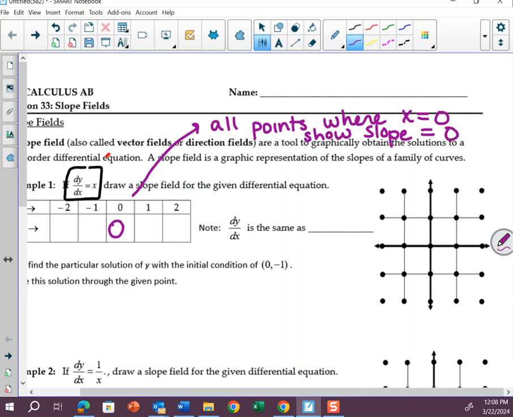Because that's what this particular differential equation says, that dy dx equals x. So when x is 0, dy dx, or the slope of any tangent line, would also be 0.